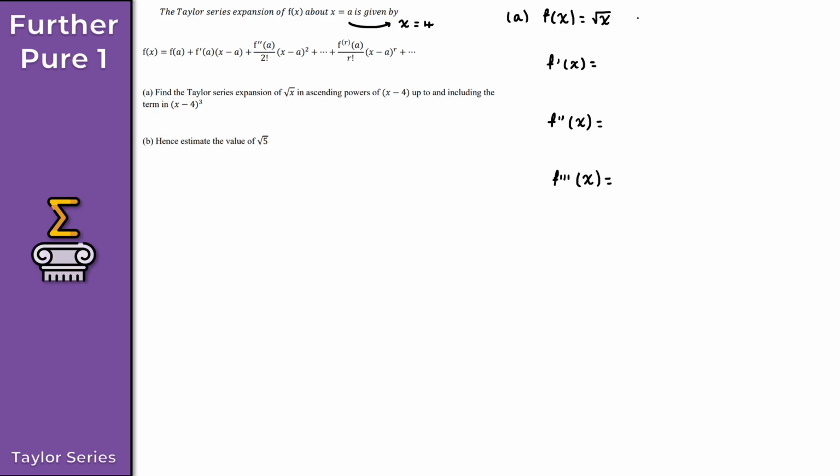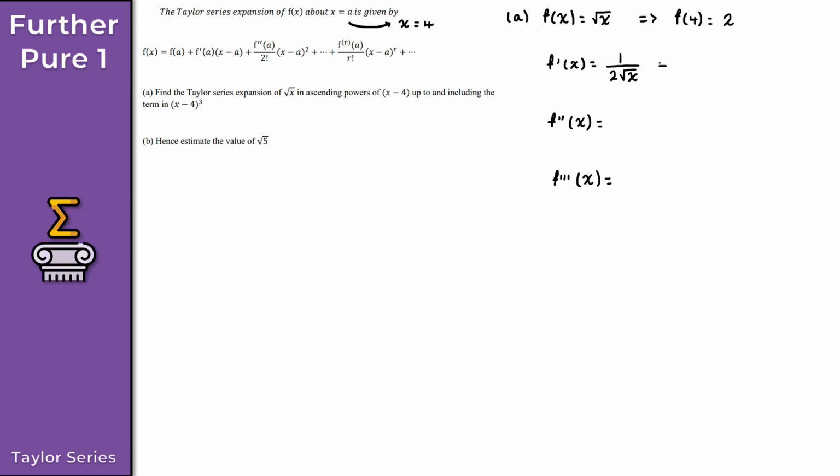So for example, for the first one here, this will be f of 4. Nice and straightforward, the square root of 4 here is 2. Let's keep going. For f prime of x, all we need to do is differentiate root x with respect to x. If you do this correctly, what you should get here is 1 all over 2 root x.